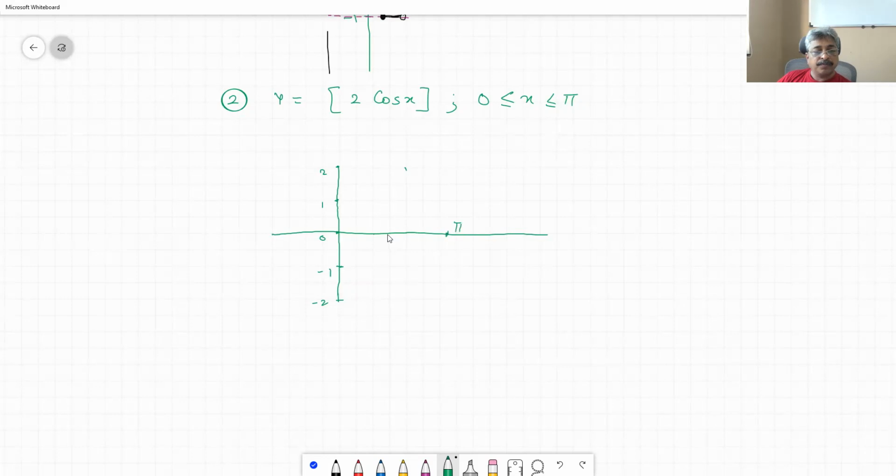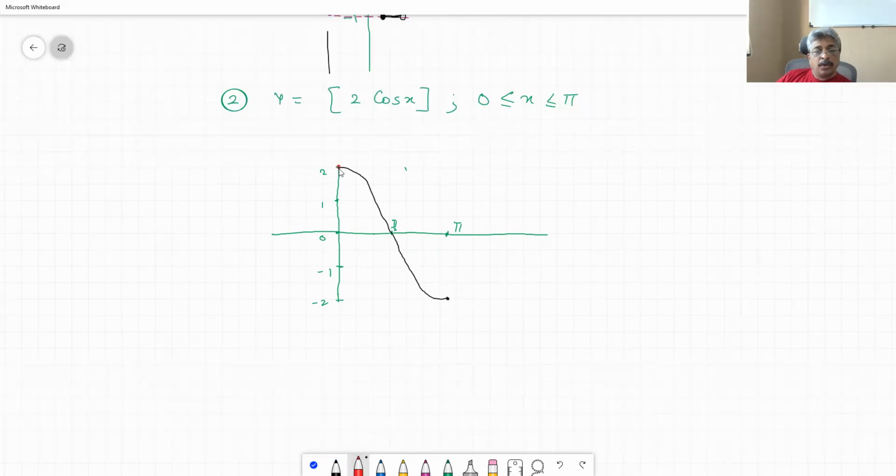And therefore, this is pi by 2. So cos will go like this, but 2 times cos will go like this. This is 2 times cos.